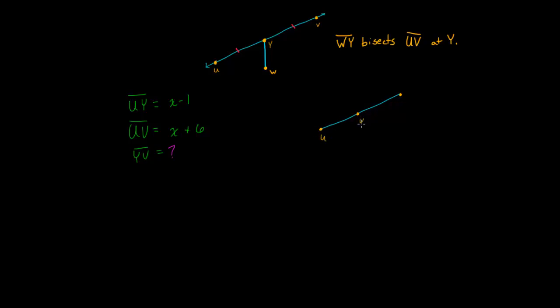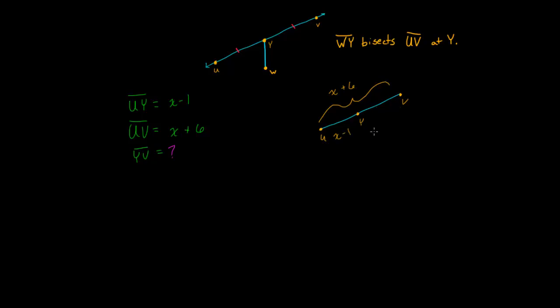It tells us UV, this entire long section up here, is x plus 6, and it gives us UY as being x minus 1.